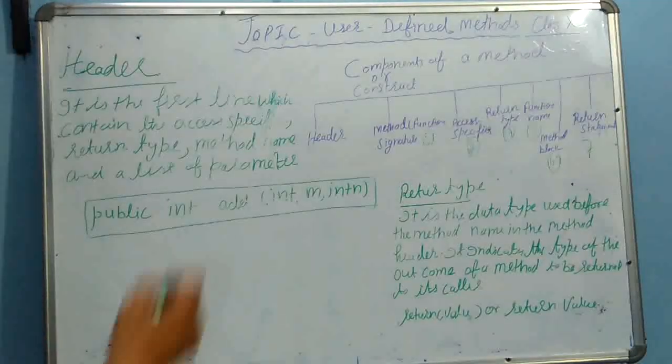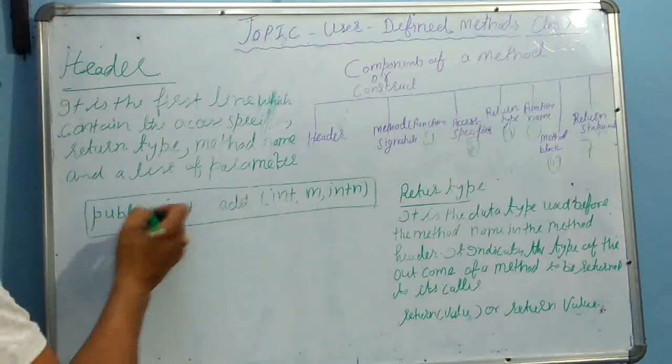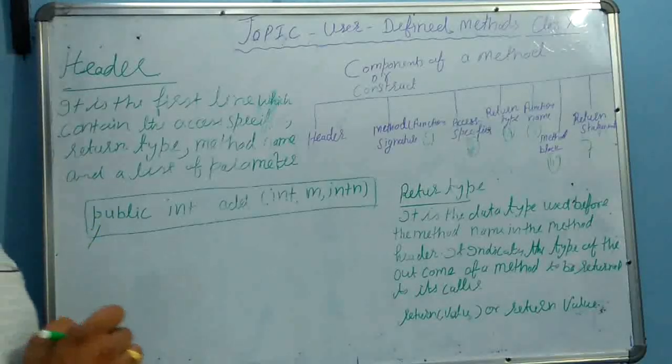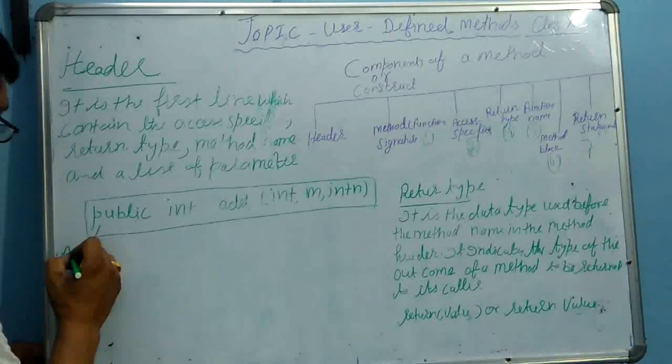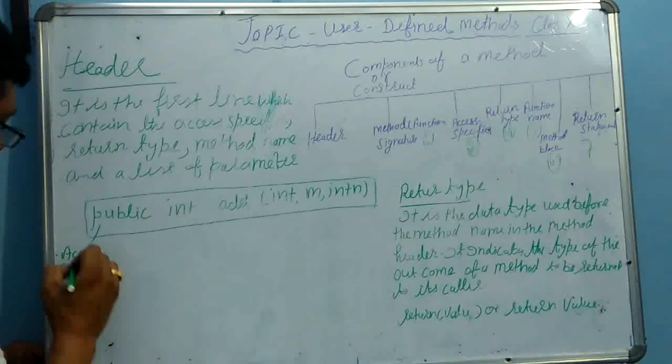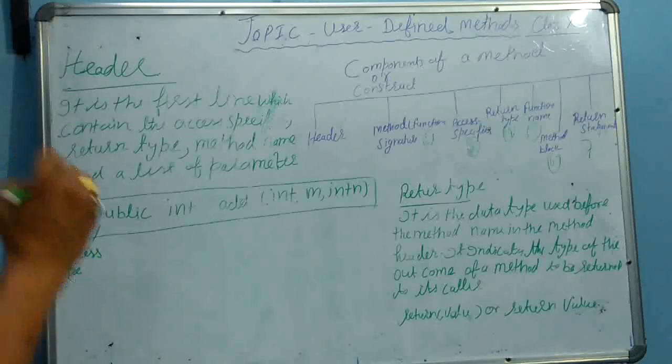Now, this is the example. Public is called the access specifier.